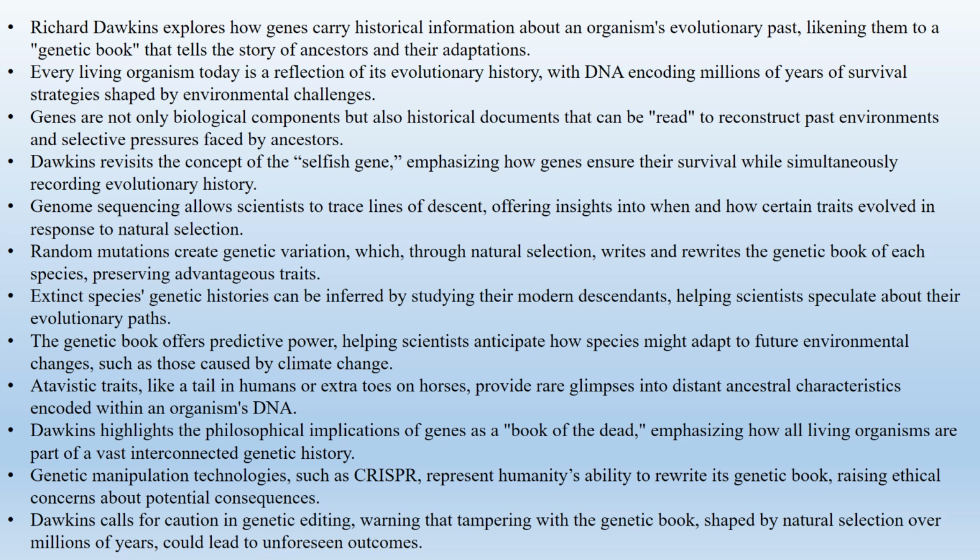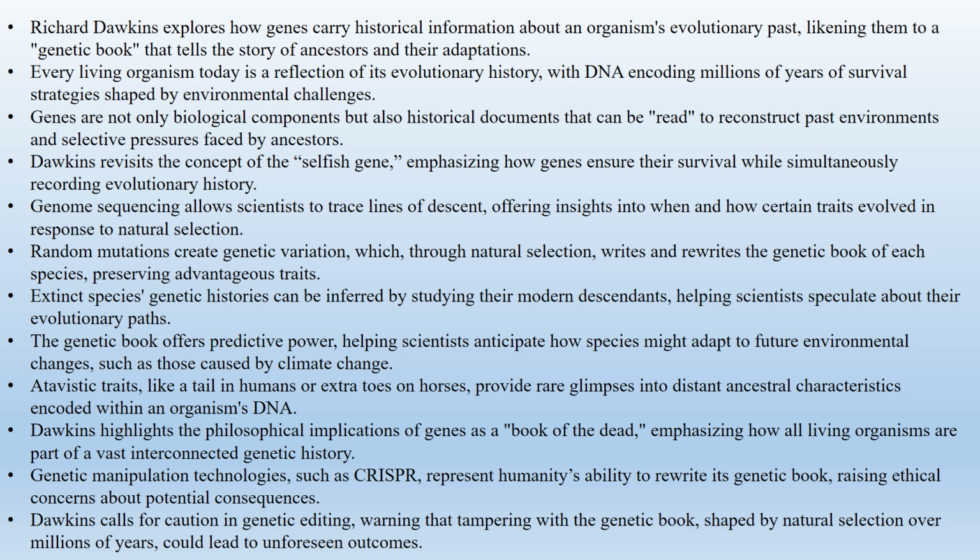Dawkins revisits his famous idea of the selfish gene from his earlier work, arguing that genes act in ways that ensure their survival across generations. However, in this book, the focus is on the narrative aspect of these genes, how they record the evolutionary history of their carriers.